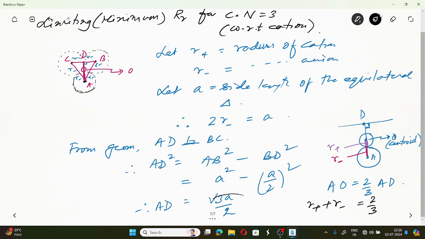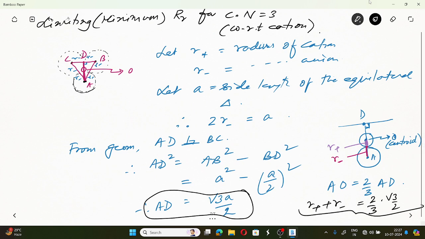What is AD? It is √3/2 a, so 2/3 of √3/2 a.